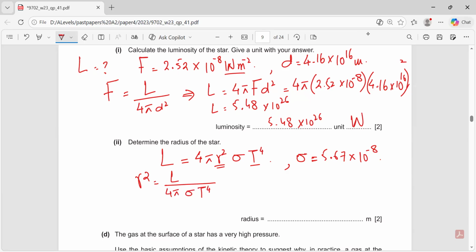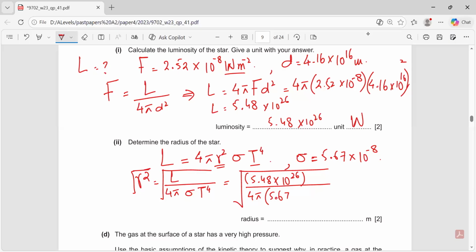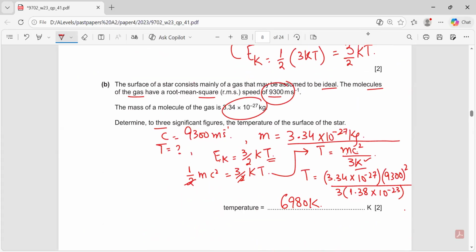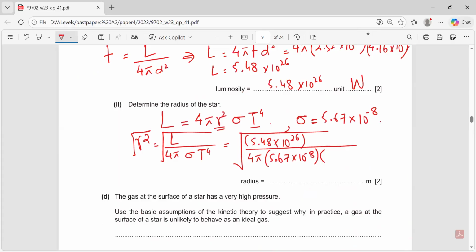To find R, we take the square root on both sides. So we place the value under root. The value of L is 5.48 into 10 power 26, whole divided by 4 pi, sigma is 5.67 into 10 power minus 8, into T power 4, where T is the temperature we found in the previous part, 6980.